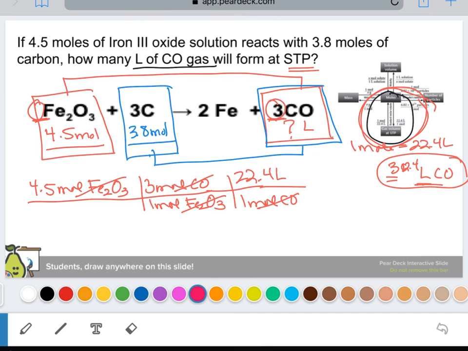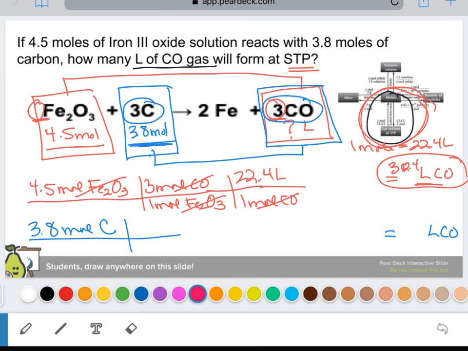All right, so now let's try my blue problem and see how much carbon monoxide I can make if I use up all of this. I'm still solving for liters of carbon monoxide, but this time I'm going to start with my other reactant. I have 3.8 moles of carbon, and now I'm interested in the ratio of the carbon to the carbon monoxide, which is a 3:3 ratio.